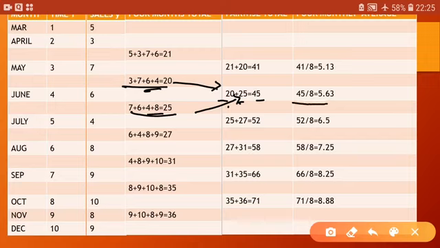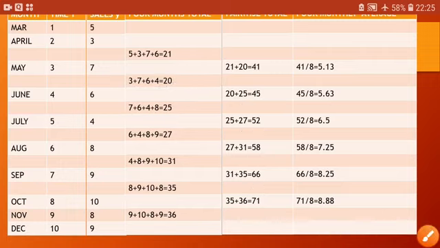So you need to divide by 8 to find the 4 years monthly average. You got my point? Okay. So same we will be doing here. 52 upon 8, 58 upon 8, 66 upon 8 and 71 upon 8.